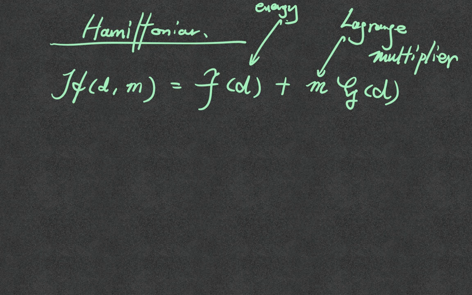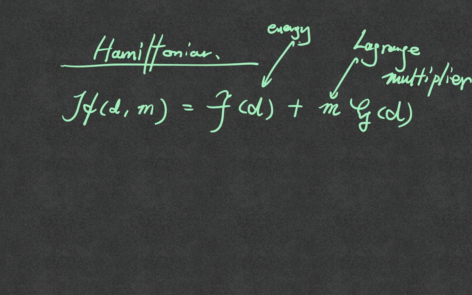So I would come up with a new energy functional that depends both on the displacement in the previous example, and also the Lagrange multiplier as the unknown. How do I find the governing equations?